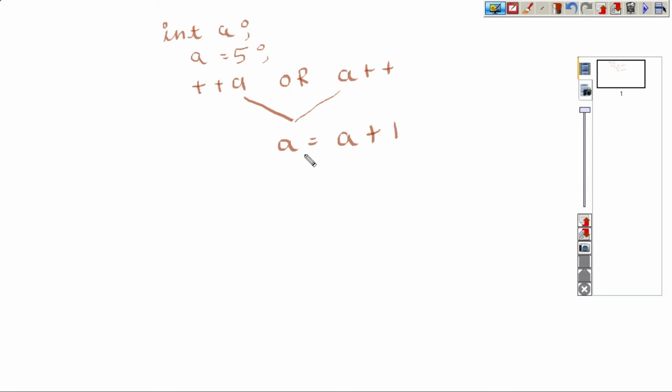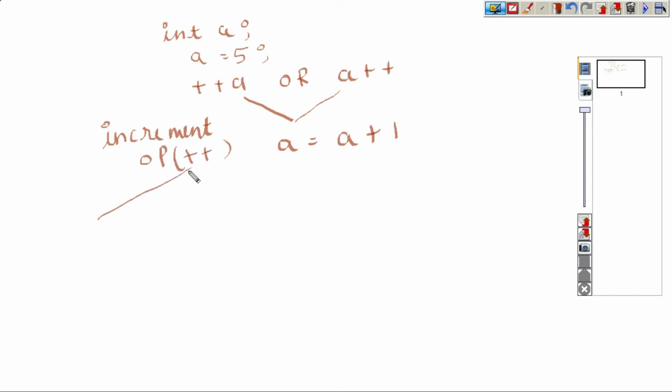Same is with the decrement operator. In this video we will discuss the increment operator, and in the next video we will discuss the decrement operator. Basically this increment operator is of two types. The symbol is plus plus.